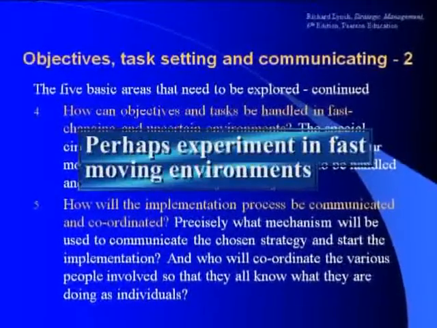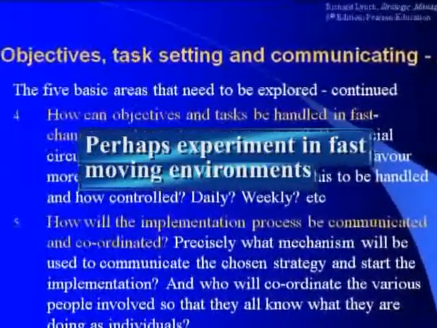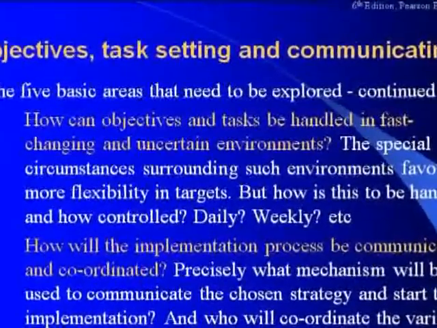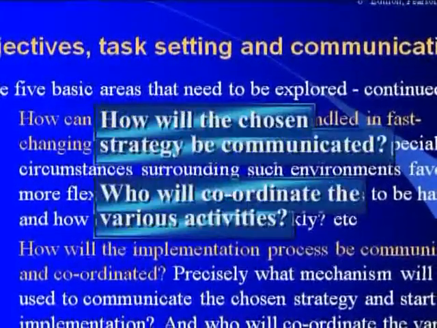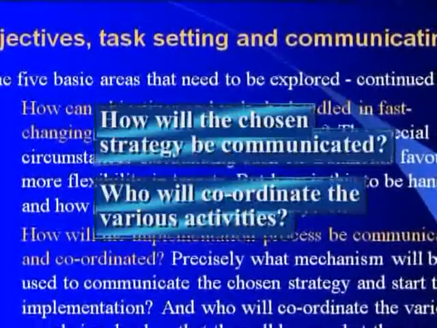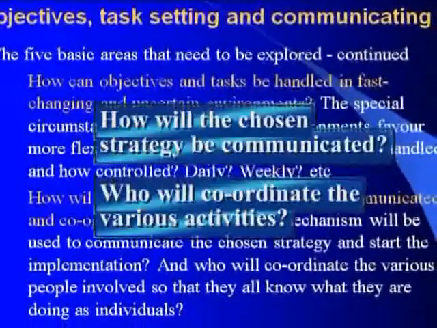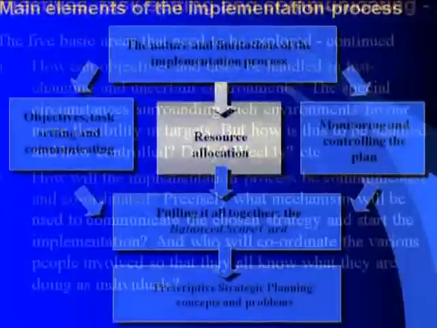It may be necessary to experiment to find the optimal combination of events, and in fast-changing environments, rigid objectives may be made redundant by outside events. Communication and coordination are vital to satisfactory implementation and are especially important to ensure understanding of the plan and its underlying assumptions.